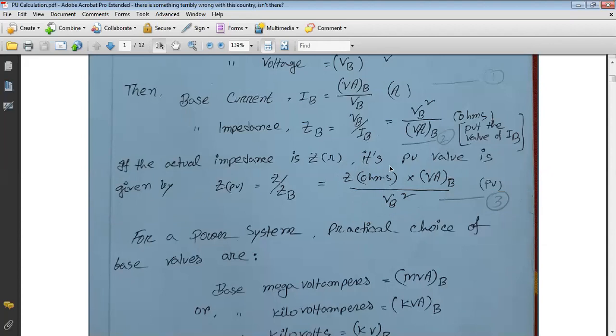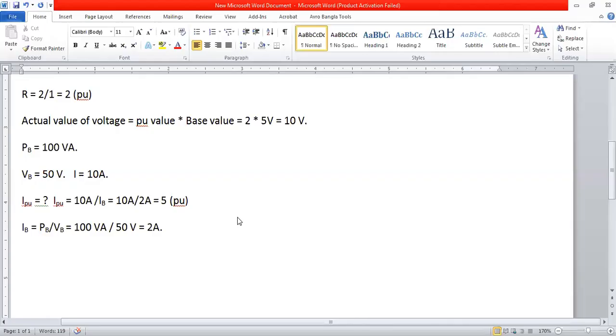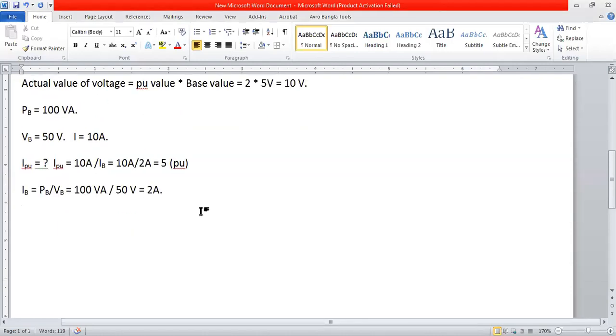If we want to see an example to find out the value of impedance, the conception should be clearer if we see another example.